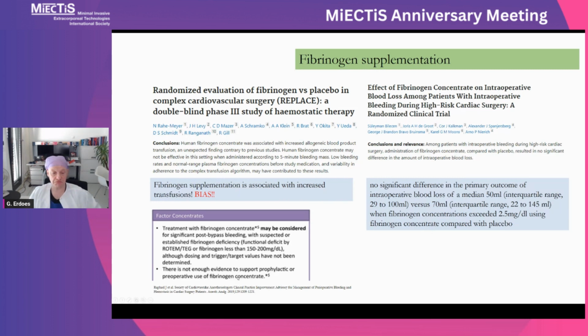This is an old recommendation from 2019, again from the SCA. They are saying that fibrinogen concentrate may be considered for significant post-bypass bleeding. I suppose nowadays, when new guidelines will come out, we will switch to a stronger recommendation saying that fibrinogen concentrate should be considered in significant post-bypass bleeding if the patient is hypofibrinogenic.